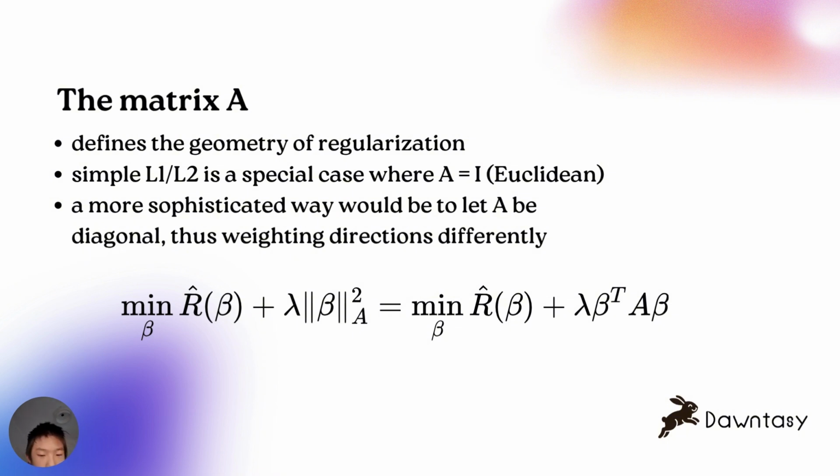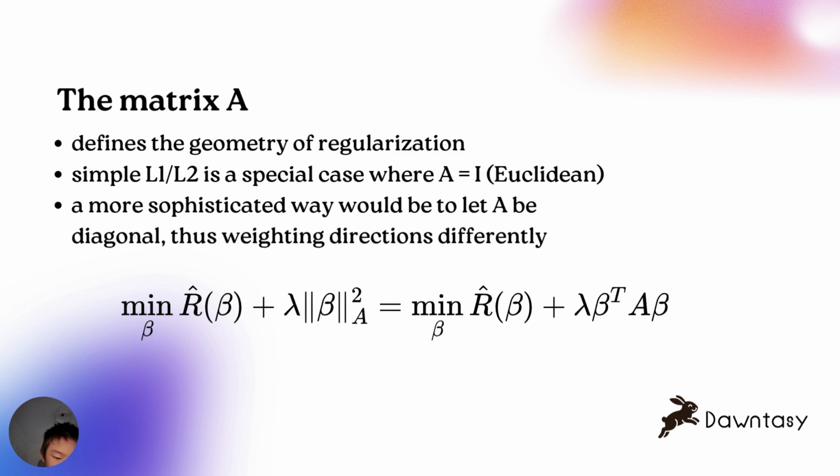A more sophisticated way would be to make this diagonal. So instead of everything being 1, some diagonal parts could be 3 or 2, or another one could be 15. And the size of each element represents how important each feature is.